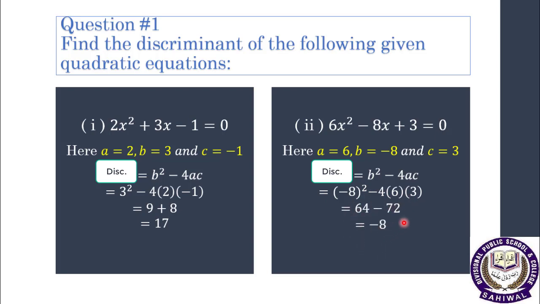On solving, we get minus 8. It can be clearly observed that the discriminants of the given equations are different. 17 is a positive integer while minus 8 is a negative integer. This property helps us in determining the nature of the roots of the quadratic equation.